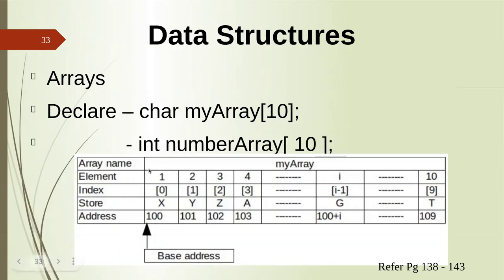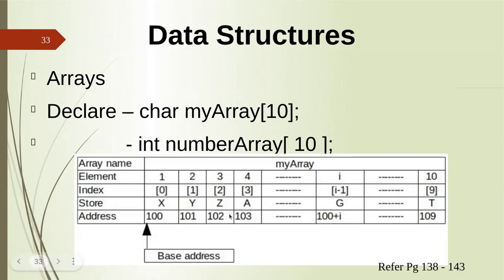Now the array name is my array for this one. Okay. Elements 1, 2, 3 up to 10. We can access these array values using index numbers. The first one is 0 up to 9.